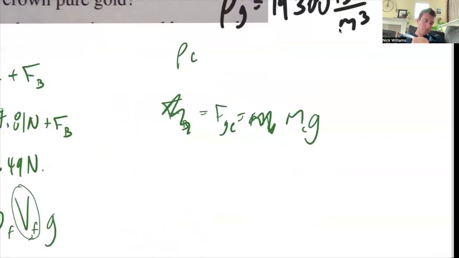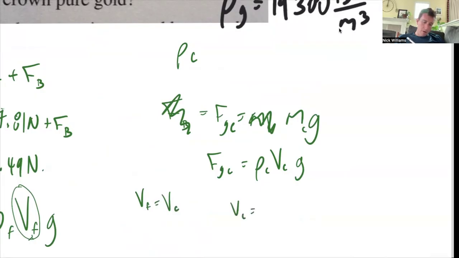So the force of gravity of the crown is equal to the density of the crown times the volume of the crown times the acceleration due to gravity. Solving for the volume of the crown, because the volume of the fluid is equal to the volume of the crown, the volume of the crown is equal to the force of gravity of the crown over the density of the crown times the acceleration due to gravity.